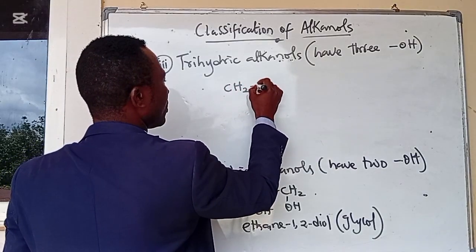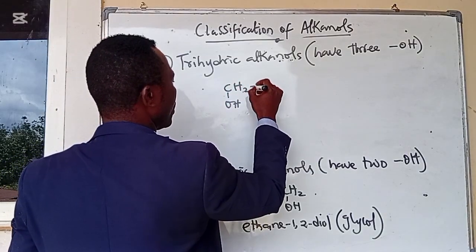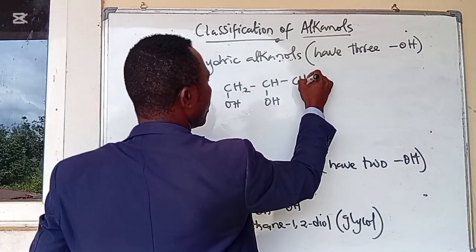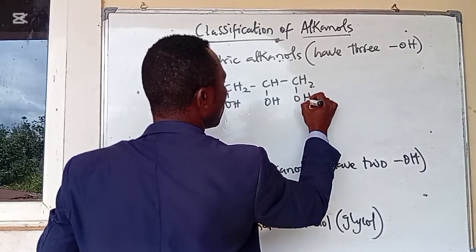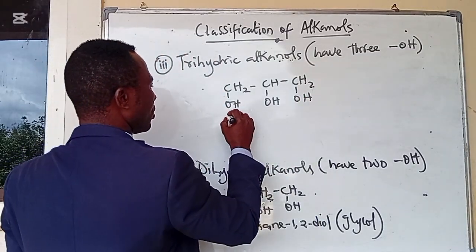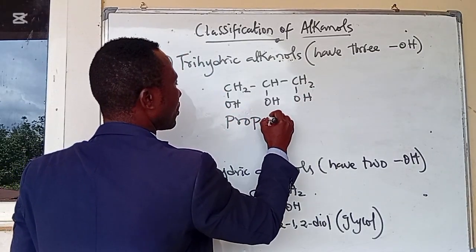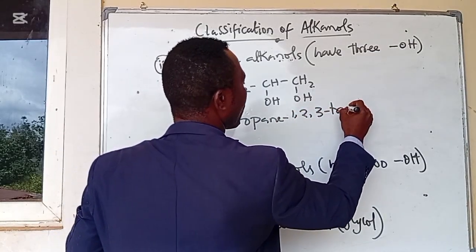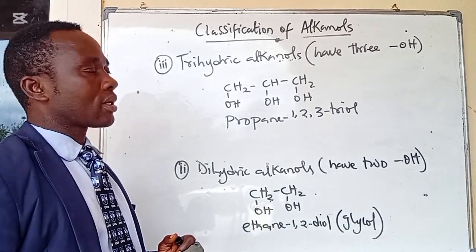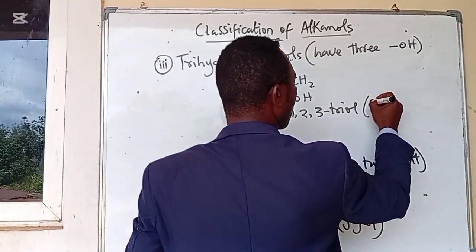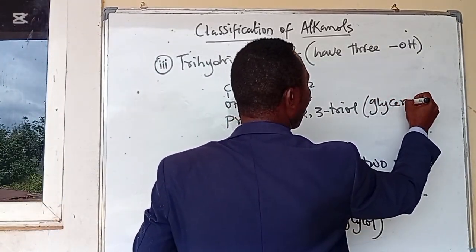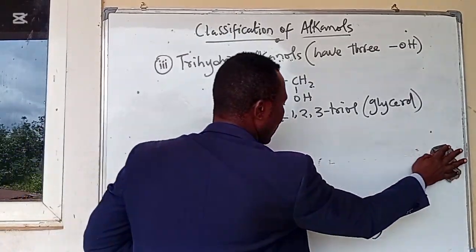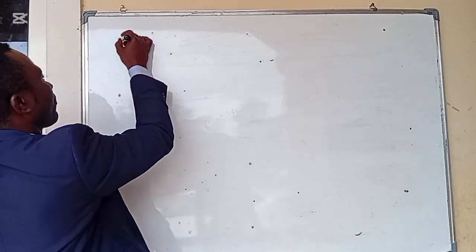Example is we have CH2OH, CHOH, then CH2OH. This is propane-1,2,3-triol. Propane-1,2,3-triol is also called glycerol. So glycerol.